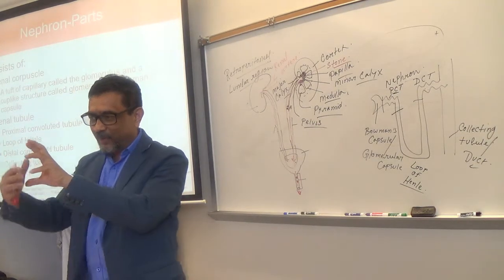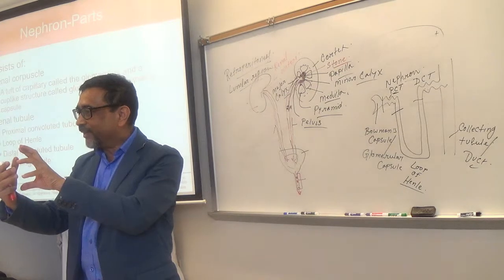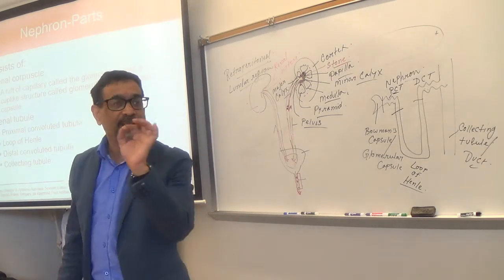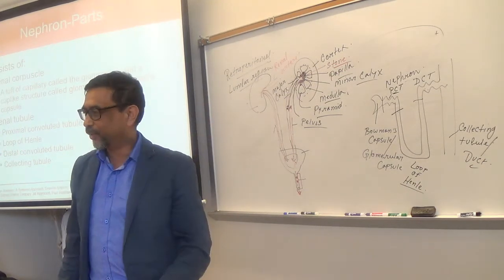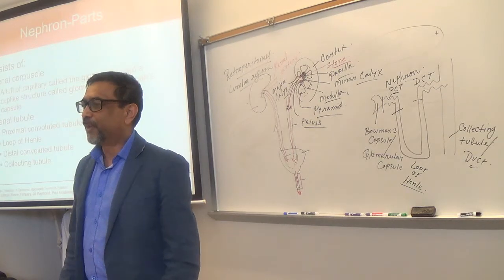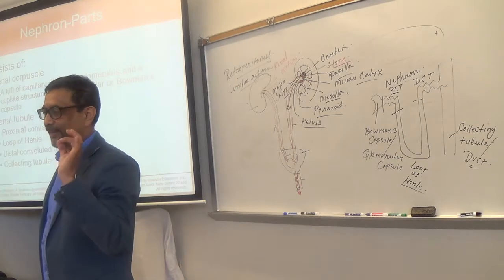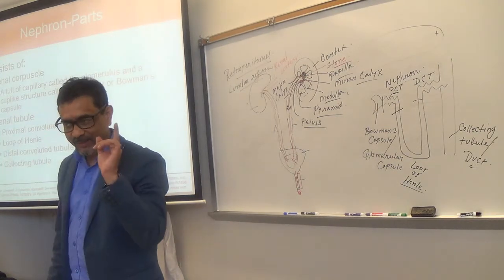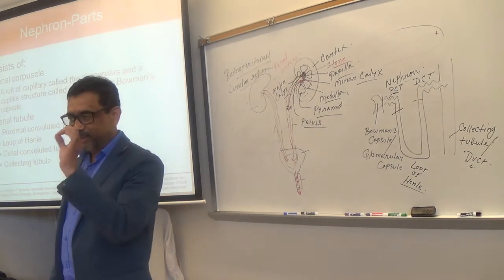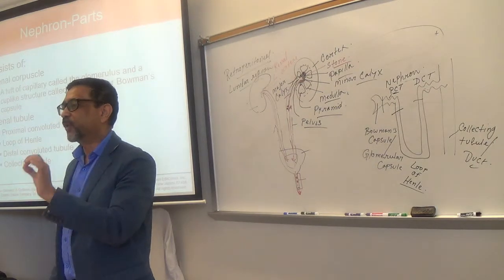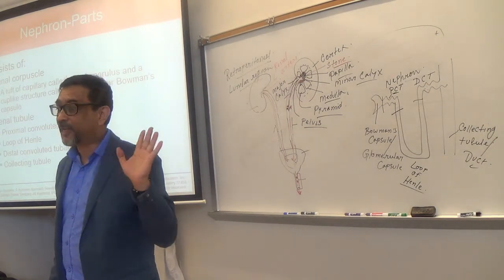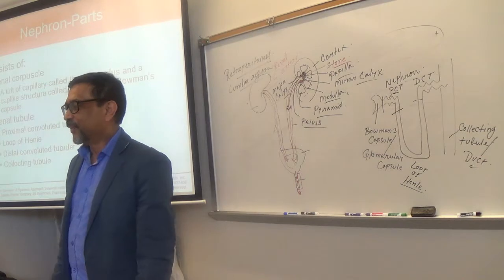And inside that you have more than 1 million nephrons. So now you can think how tiny those tubular structures are. But each nephron can individually produce urine. That's why it is called the functional unit. So each nephron can do what? Produce urine by itself.